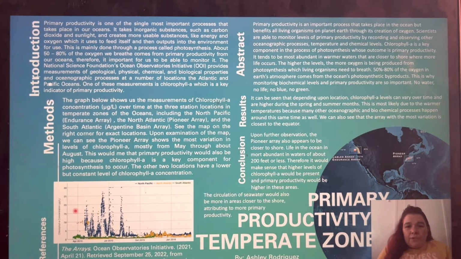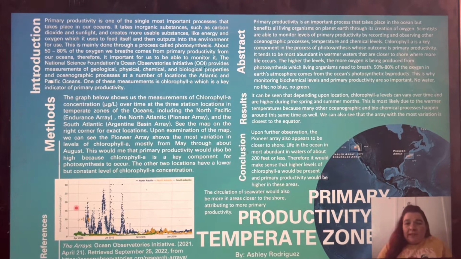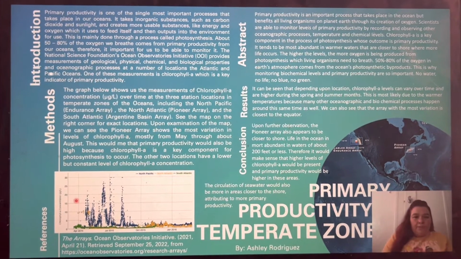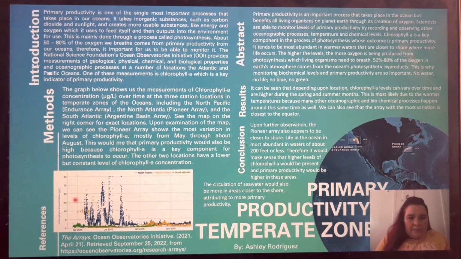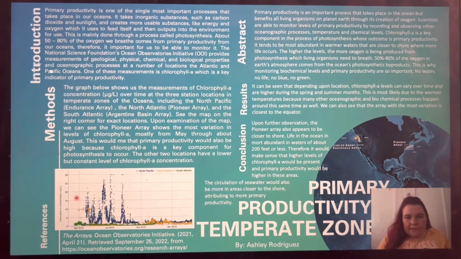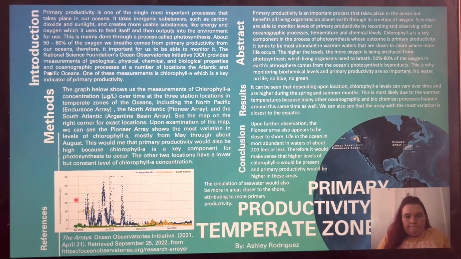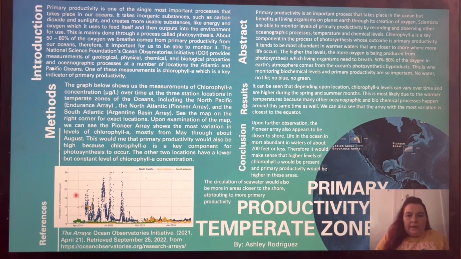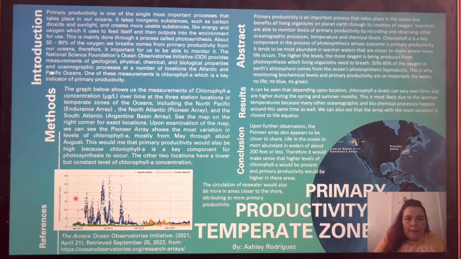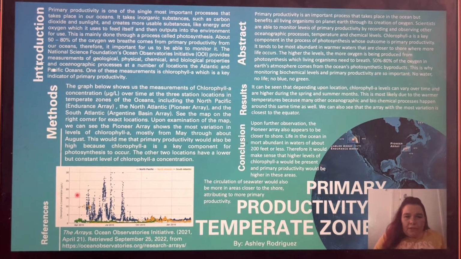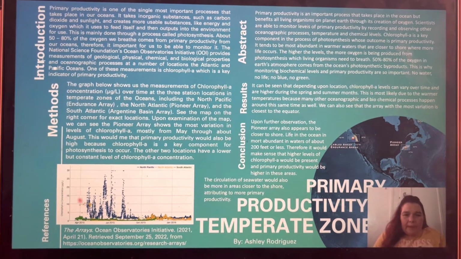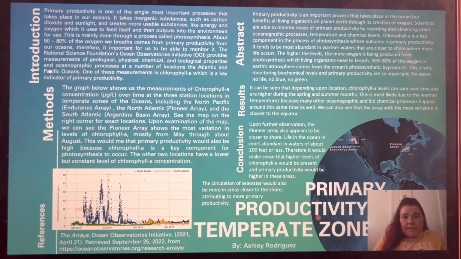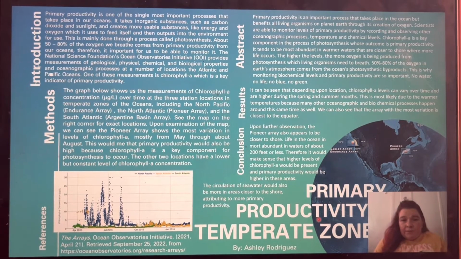But there are other oceanographic processes that could be attributing to those spikes in the chlorophyll A levels. If you look further along at the Pioneer Array, you can also see how close to shore it appears, and that could also have something to do with it as well.